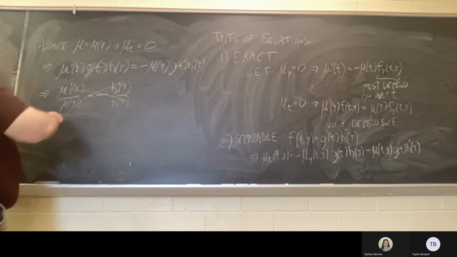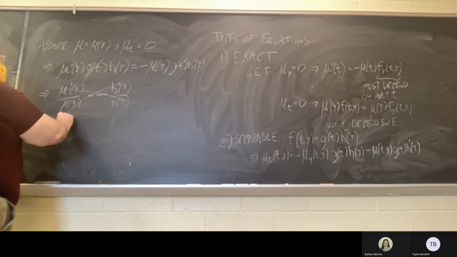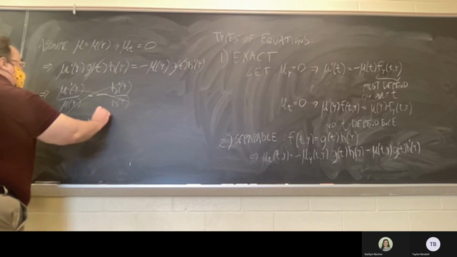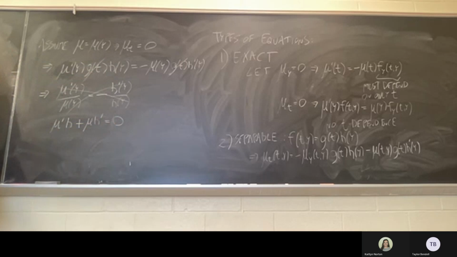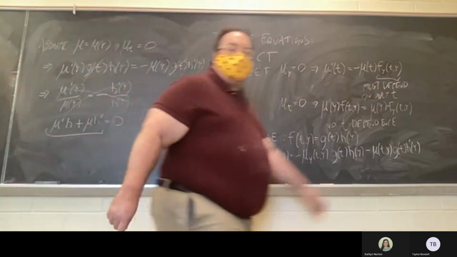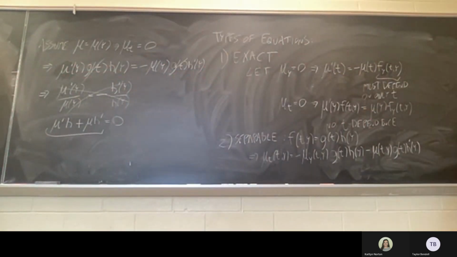I'm going to rewrite this equation a different way. Mu prime h plus mu h prime is equal to 0. Does anyone recognize where that expression comes from? That is a chain rule? I know, sorry, product rule.